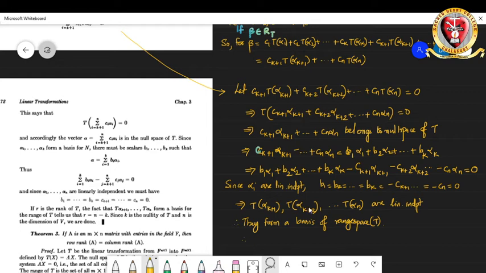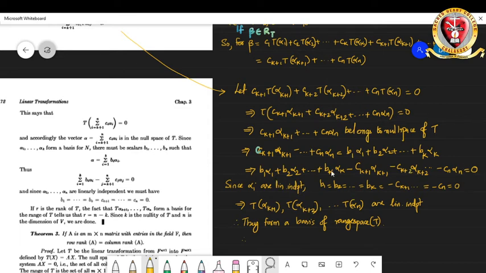The elements inside the null space can be written as a linear combination of alpha 1, alpha 2, etc. alpha k. So this element inside the null space can be written as some scalar b1 alpha 1 plus b2 alpha 2 plus etc. bk alpha k, because alpha 1, alpha 2, etc. alpha k form the basis of the null space of T. Simple. So just rearrange, you get these many terms equal to 0.